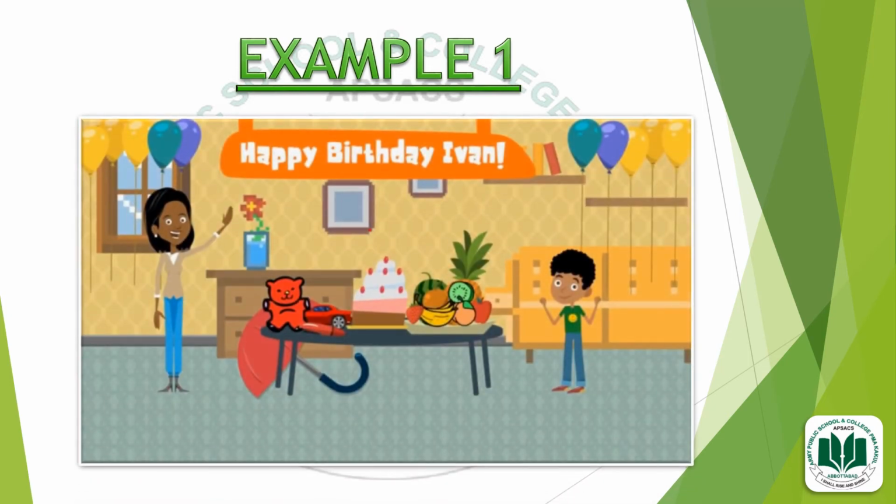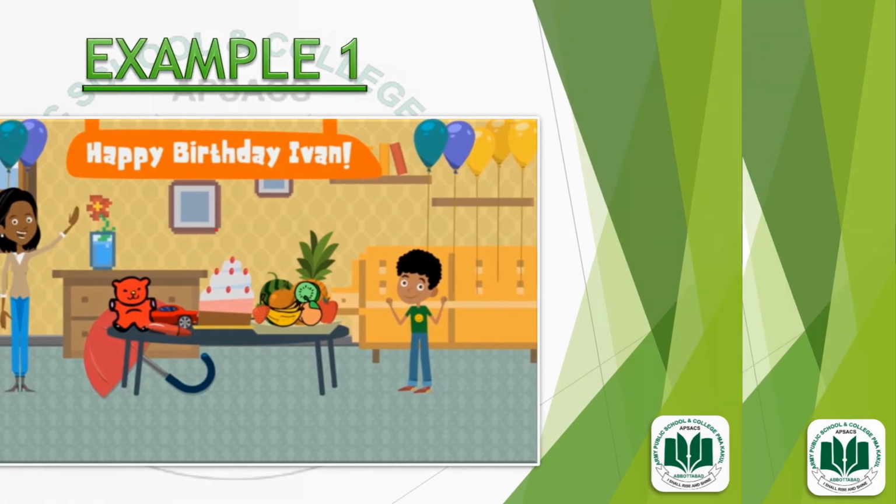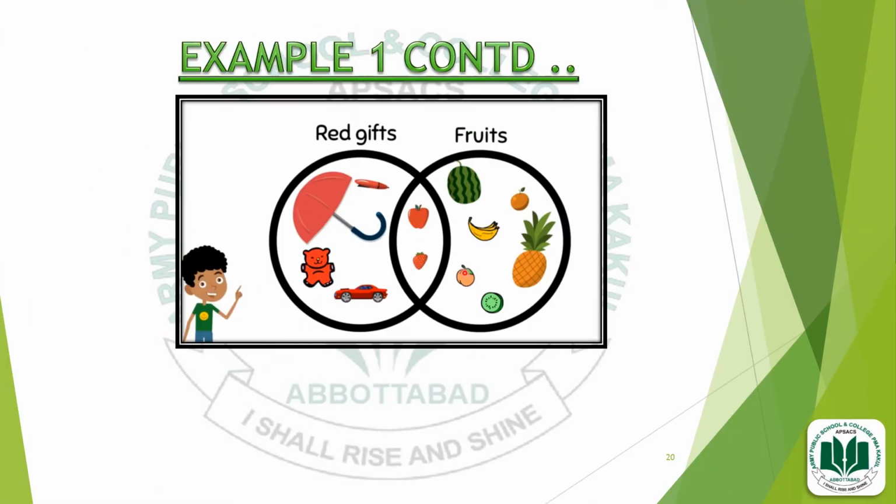Let's reconsider the same example that we discussed for intersection, in which I was telling you about Ivan's birthday party. Now he has recorded red gifts in the left circle, fruits in the right circle, and the fruits that were red were placed in this overlapping part.